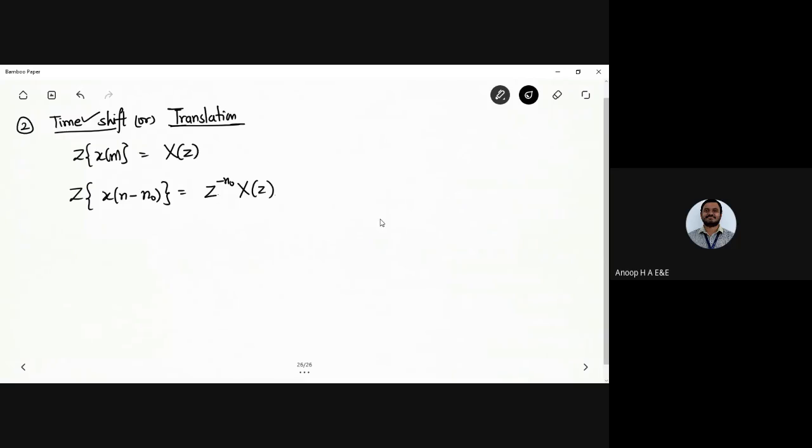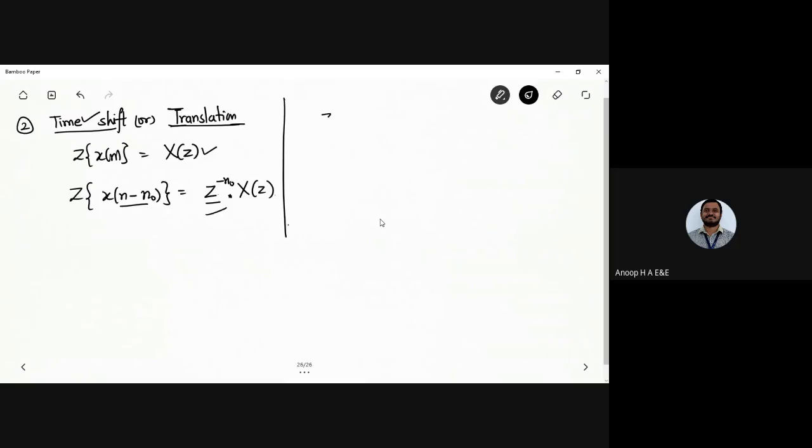So you first find the Z transform of the signal x of n, and next you multiply z power minus n naught with X of z. This is how you can do it for the time shifted or translated signal. Next, I need to verify whether the formula that I've written is right or wrong.